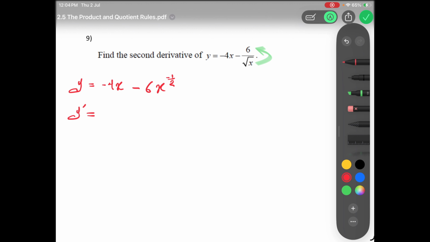Now, y prime equals minus 4 minus 6 times minus 1 over 2, because we have to multiply this here, you know. And then we will reduce the power by 1, so it will be minus 3 over 2. We can multiply the constants here.